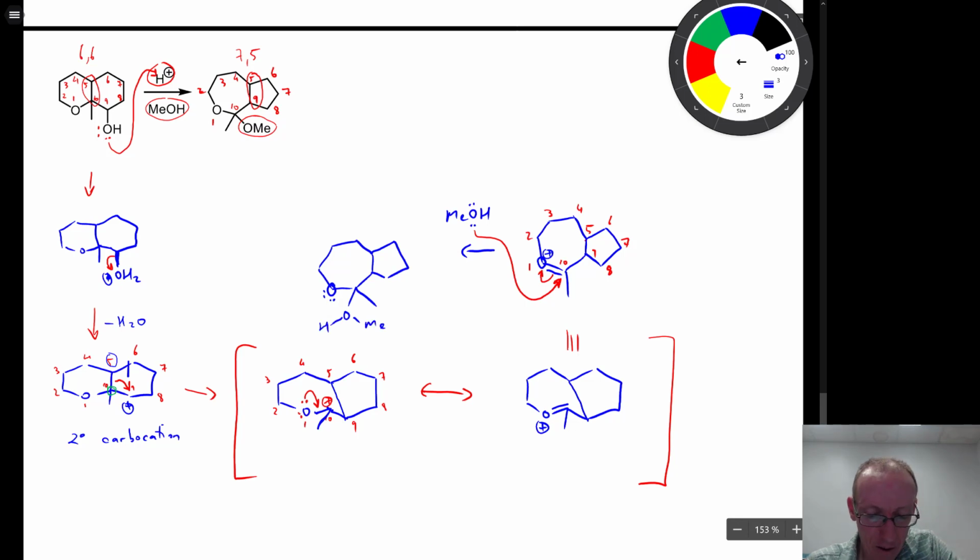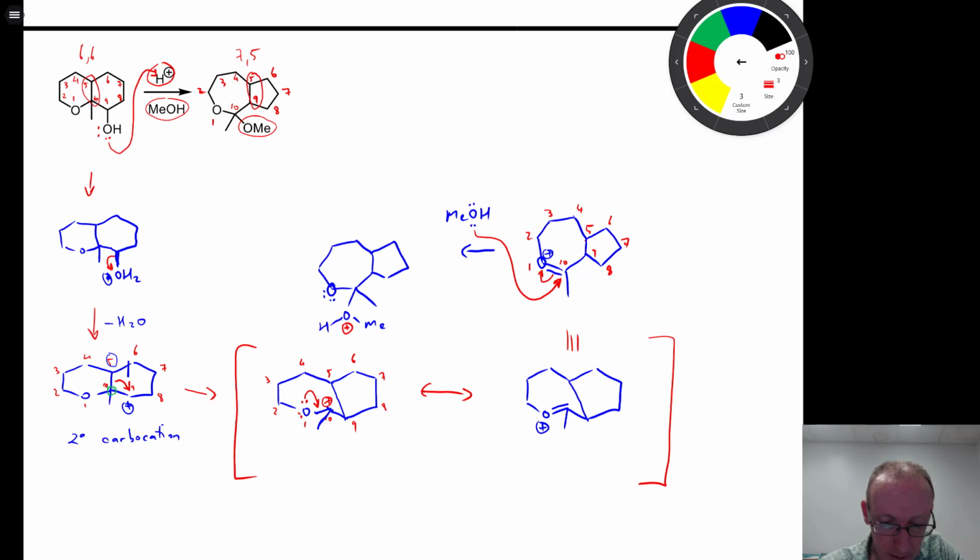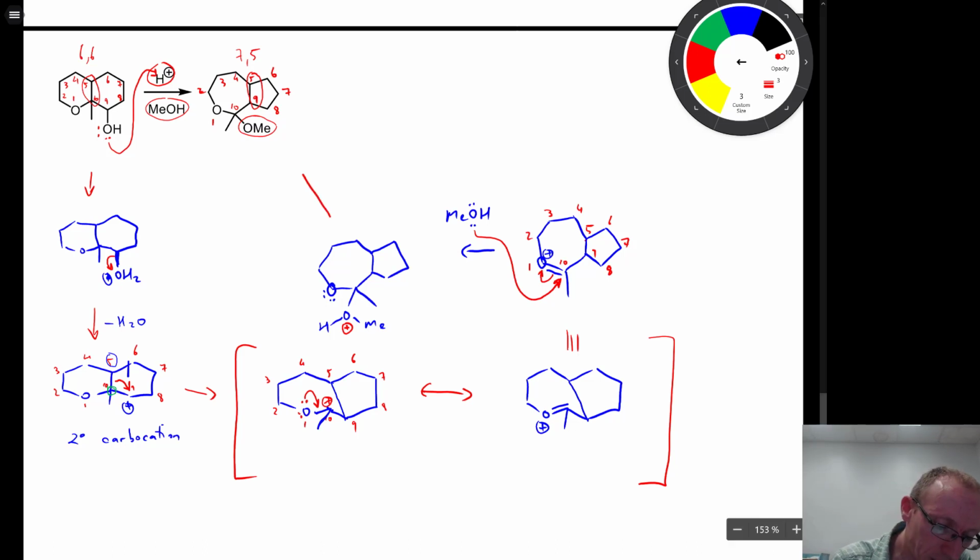Now, this oxygen here had its full pair of electrons, and now it's sharing that with the carbon and still has its remaining 2 substituents, so it has a formal positive charge. Okay, and I think that's everything. I won't bother putting the numbers in because all we need to do now is lose that proton.